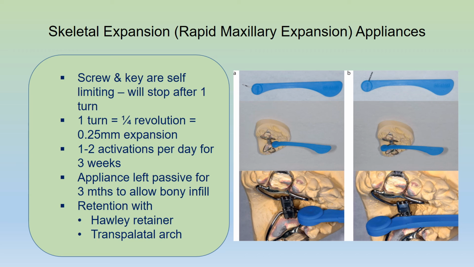One to two activations per day is done for up to about 3 weeks. After that, the appliance is left passive for 3 months to allow bony infill. Once this is over, the expansion is retained either with a Hawley retainer or a transpalatal arch.